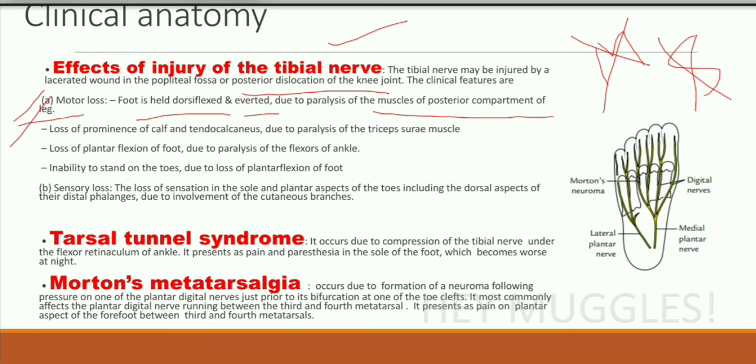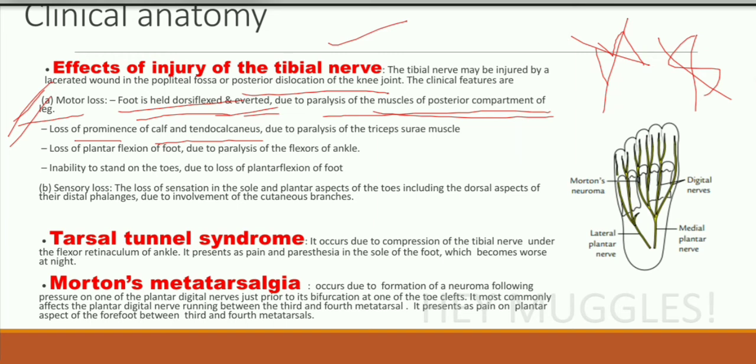Since the tibial nerve would be damaged, there would be no motor supply to the muscles, and hence there would be paralysis of the muscles of the posterior compartment of the leg, and the foot would be in dorsiflexion and eversion position. It is due to loss of prominence of your calf and tendocalcaneus, right? What is the tendocalcaneus?